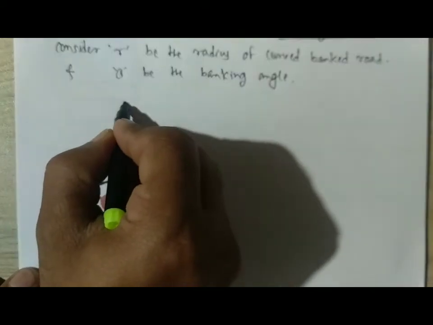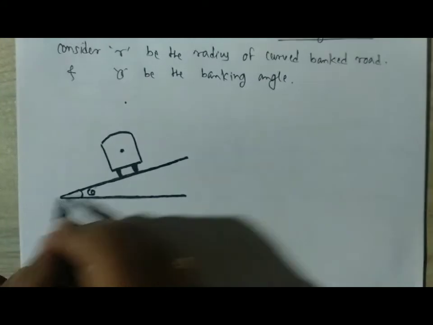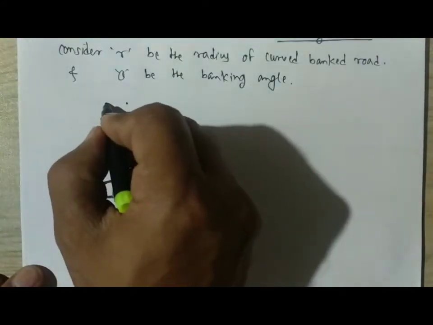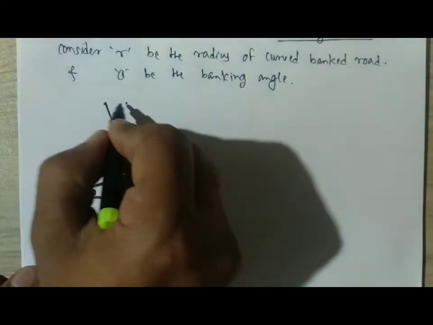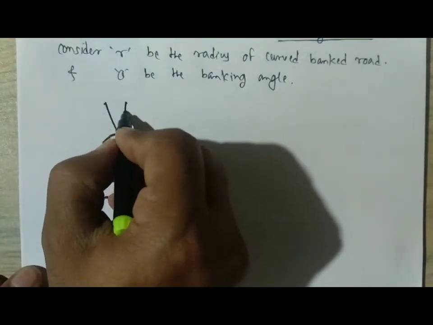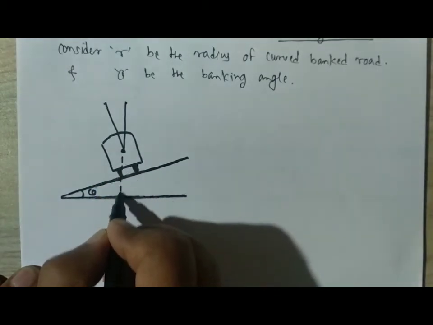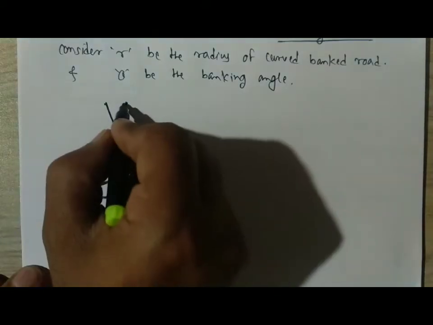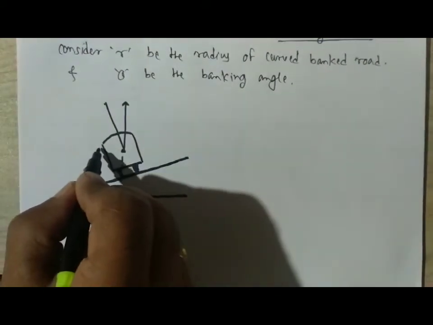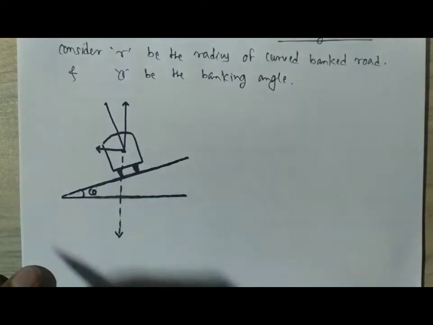Then you get the normal reaction, which is perpendicular to the road surface. This normal reaction is divided into two parts: one perpendicular to the horizontal surface, and another resolved part towards the center of the curved path.